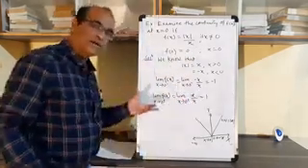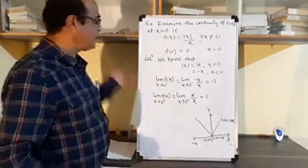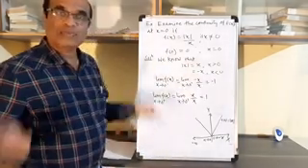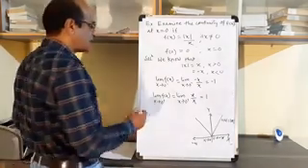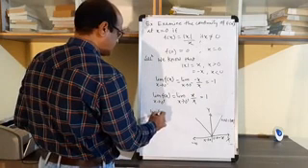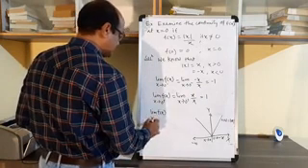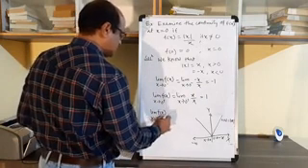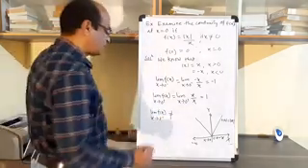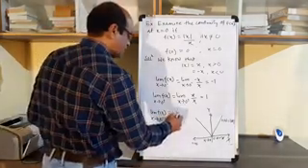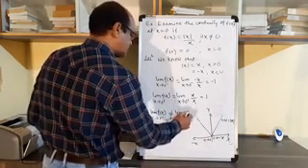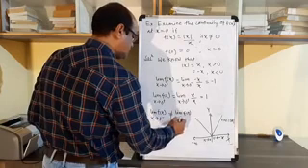So what happened here? We get the left hand limit is -1 and the right hand limit is +1, which means the left hand limit is not equal to the right hand limit. So the limit of f(x) as x tends to 0 minus is not equal to the limit of f(x) as x tends to 0 plus.